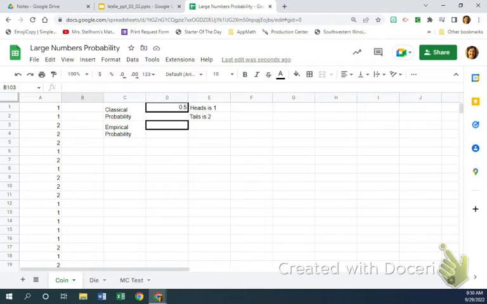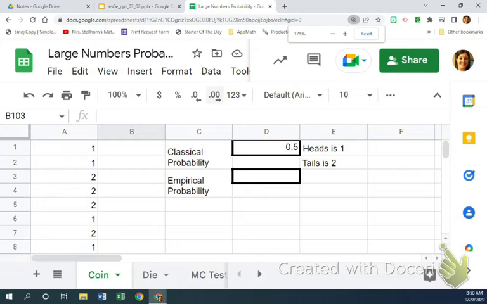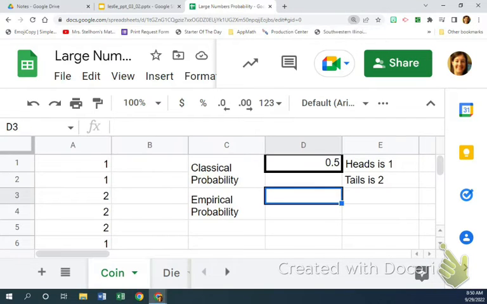So we want to know the probability of getting a heads. We are going to learn the formula COUNTIF. So I'm going to zoom in again, but I'm going to go on the empirical probability. We want the number of heads counted and divide that by 100 trials.